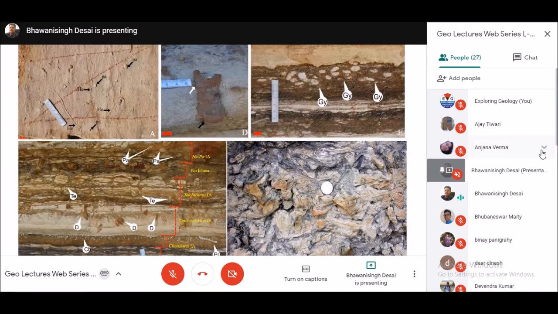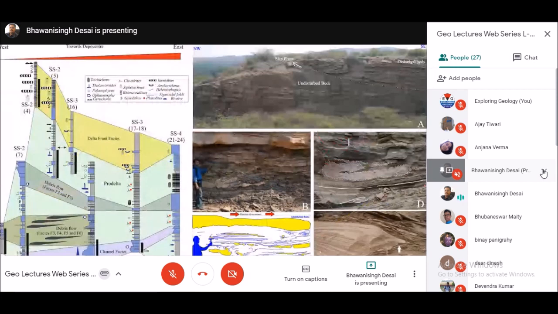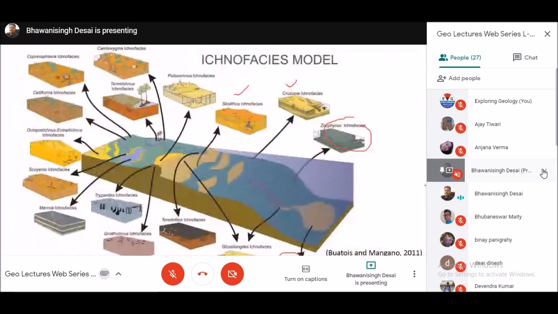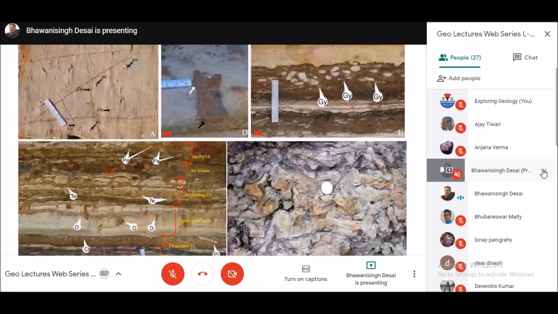So these led to a series of studies where we could identify that this whole soft sedimentary deformation was delta front collapse. We understood this with more analysis of the shale, where you can see organic matter also, and the type of trace fossil which is there.